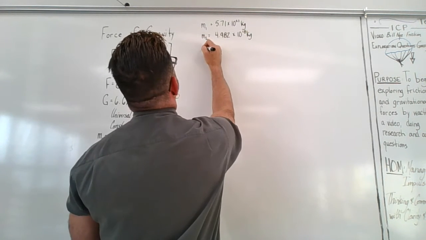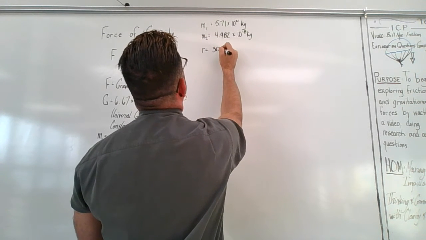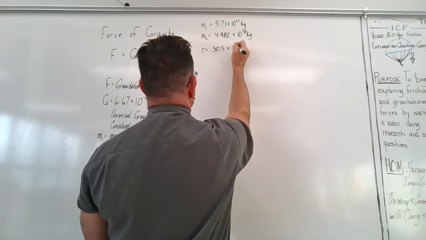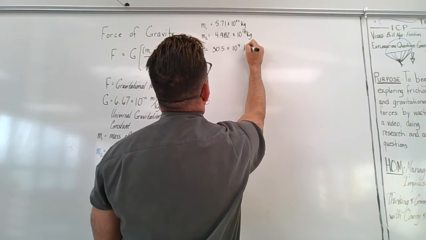And then our distance is 30.5 times 10 to the 4th kilometers.